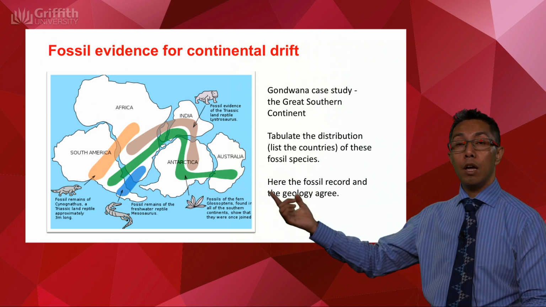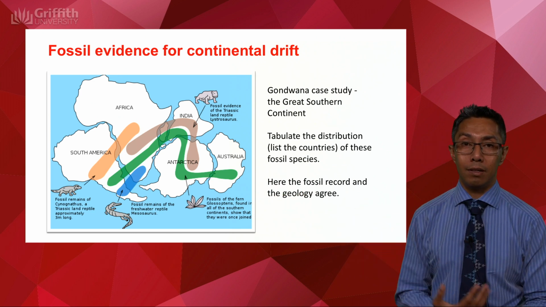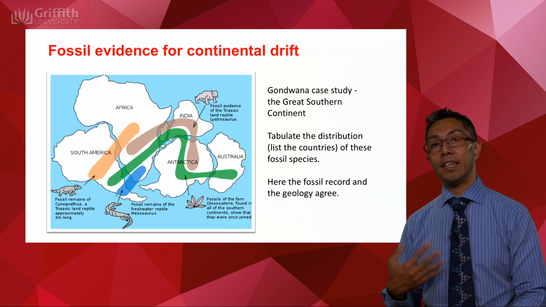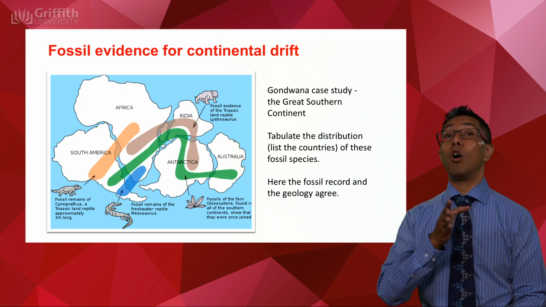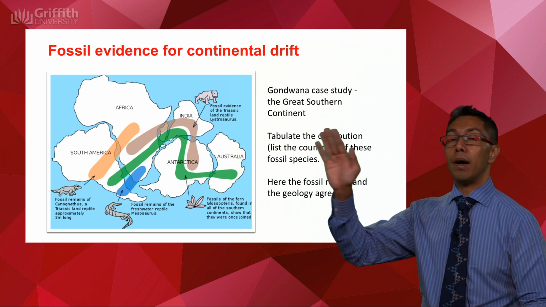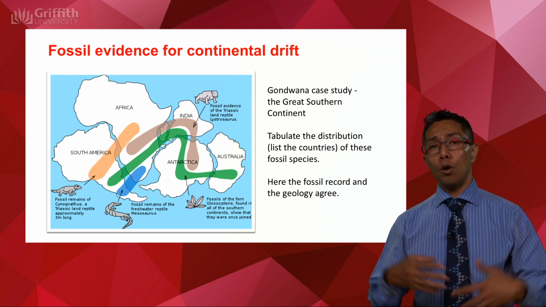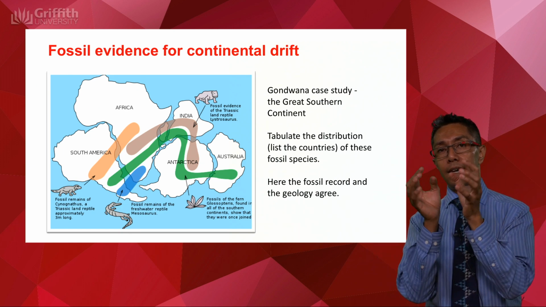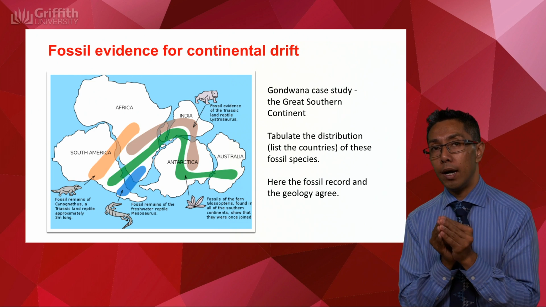Gondwana was made up of pretty much the current southern continents of South America, Africa, India, Antarctica, and Australia, well before India started butting up into Asia. All of these current continents were joined together into one mass called Gondwana.